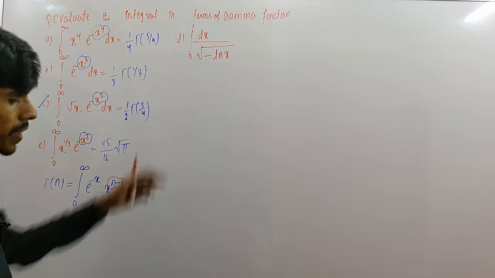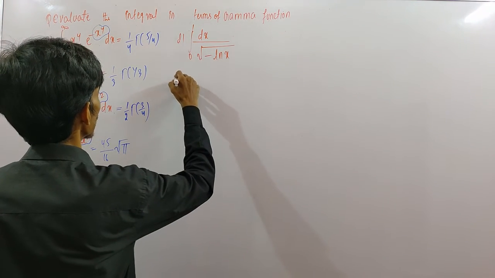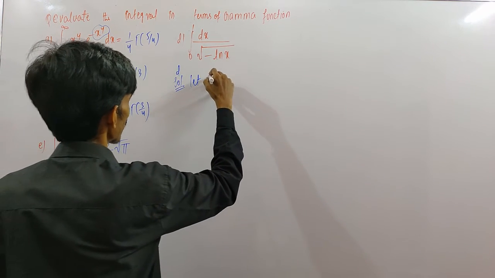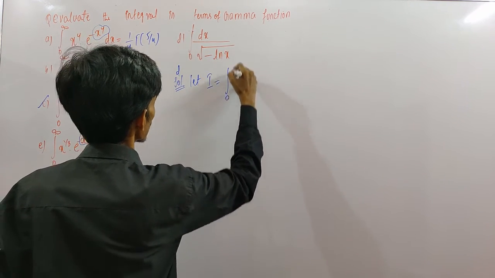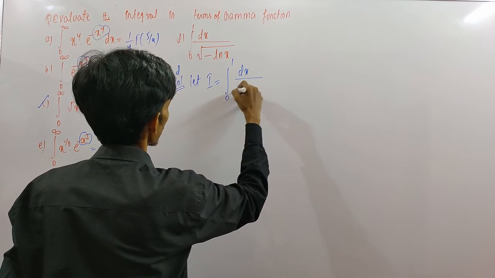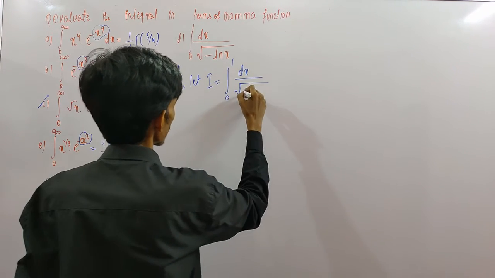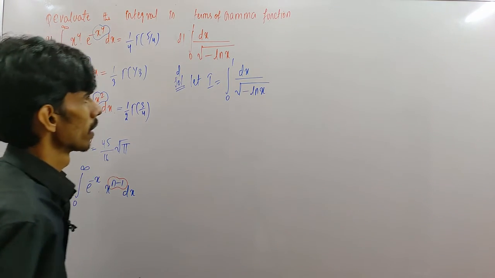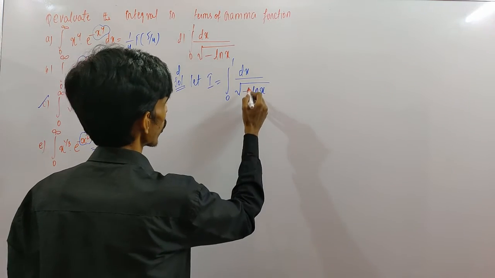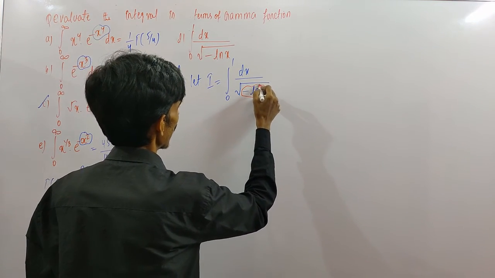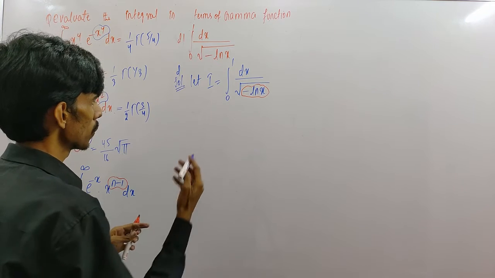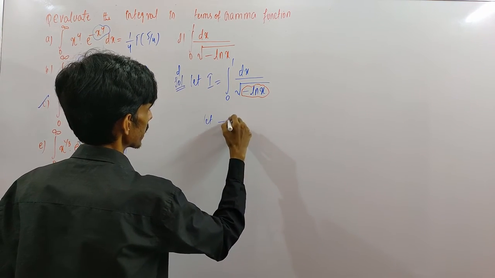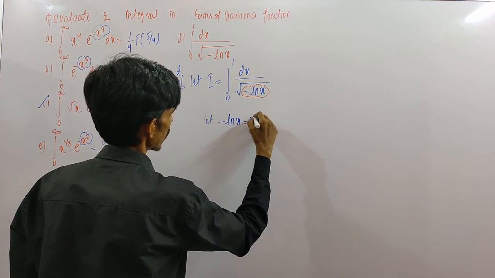Now let us solve this bit. Let this integral be I, 0 to 1 dx divided by square root of minus ln x. Here we have root of minus ln x. Let us suppose this as a dummy variable, minus ln x as y.